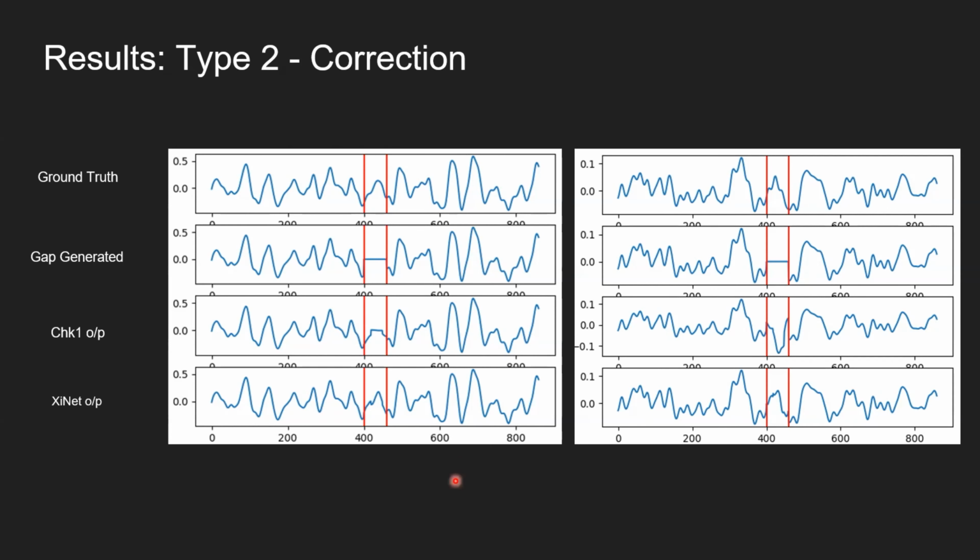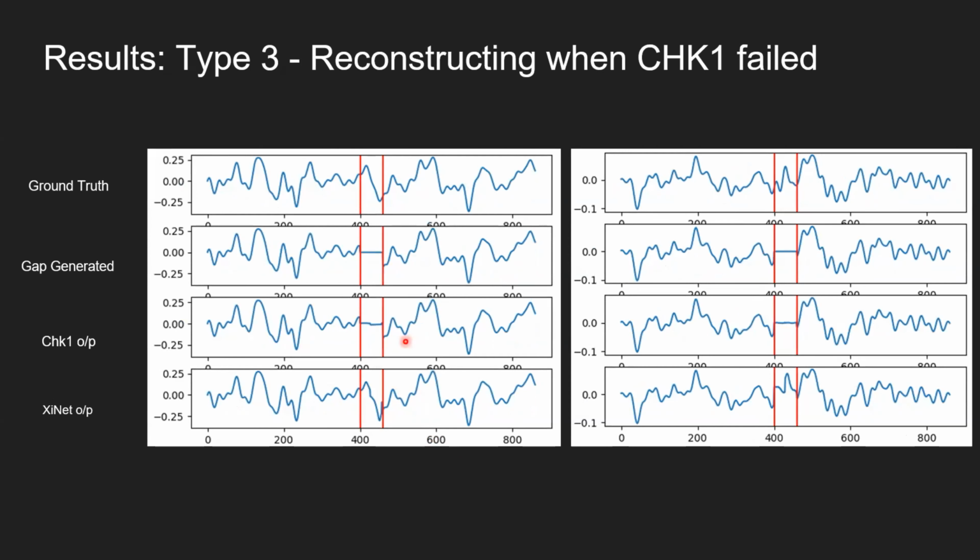ZyNet also performed well when there were very few time patterns and frequency patterns like these. The previous model was just returning the gap itself with a little bit of manipulation. So here we assume that it's because there were patterns in this graph, but in the frequency domain. So ZyNet was able to generate those too.